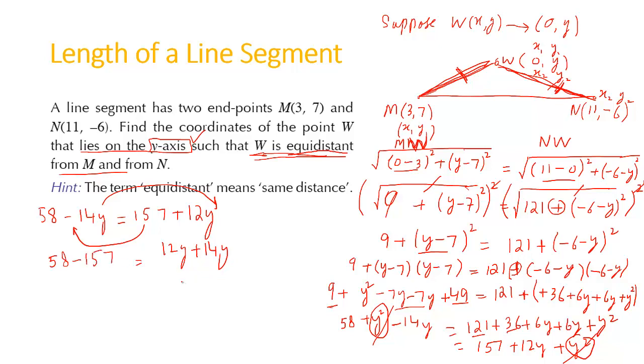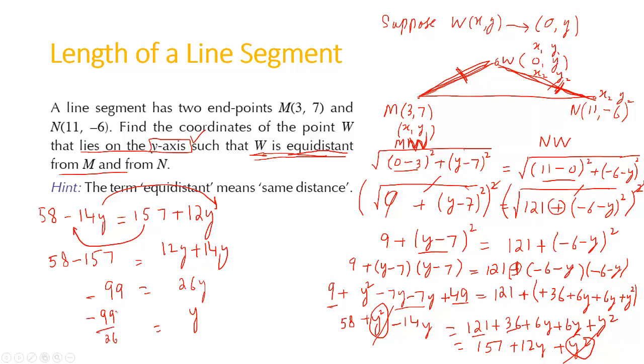So it is 26y equals minus 99. So y is minus 99 over 26.